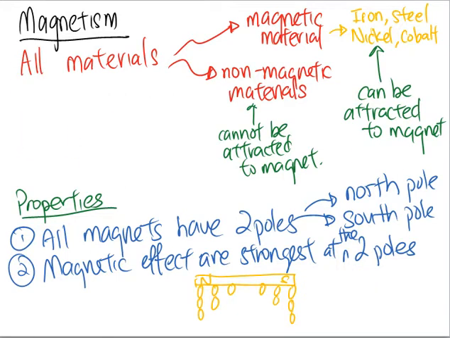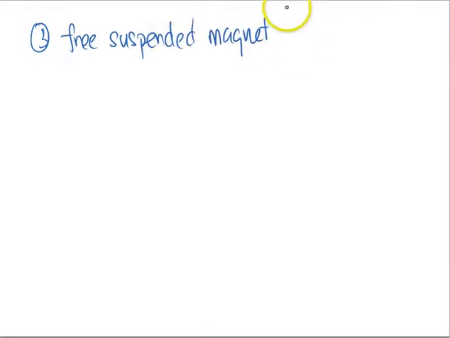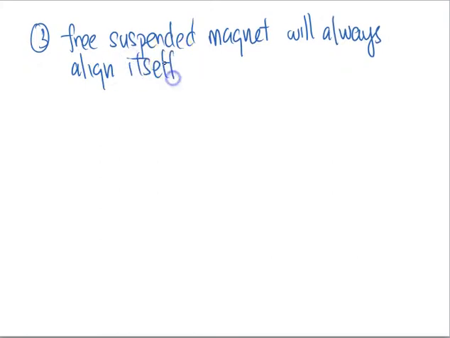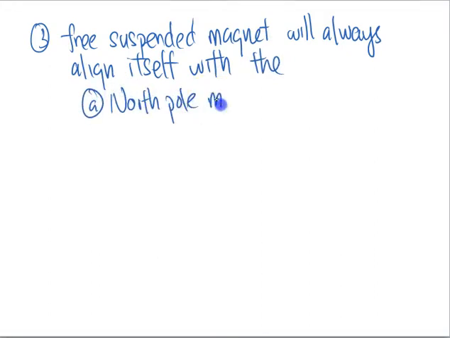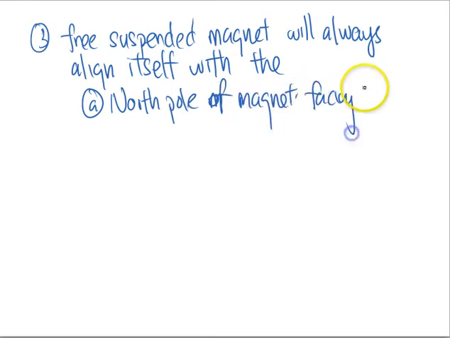Now another thing. Let's look at the third magnetic property. The third property is that a freely suspended magnet will always align itself with the north pole of the magnet facing the north pole of the Earth.